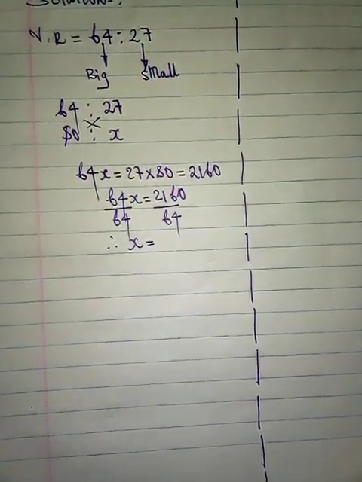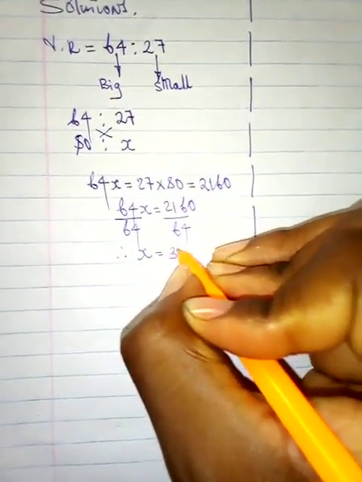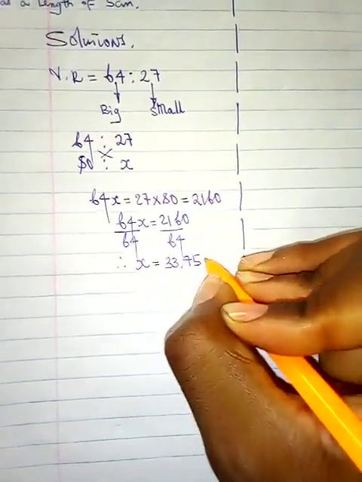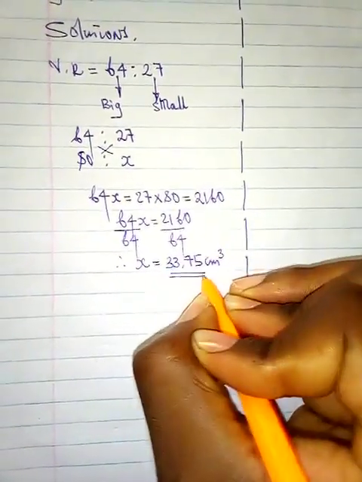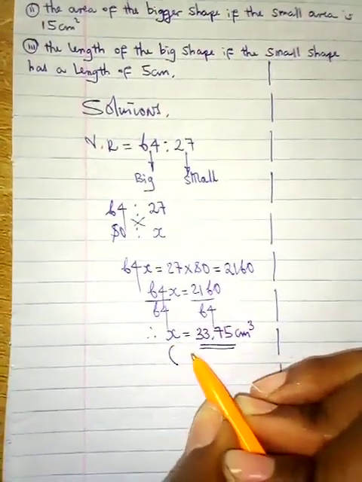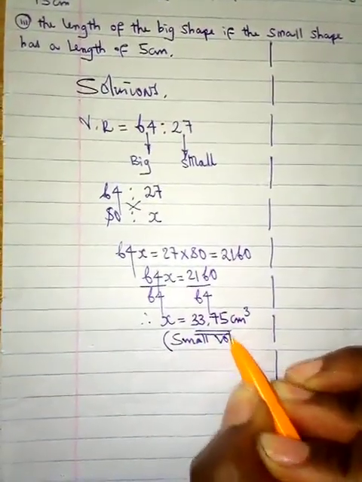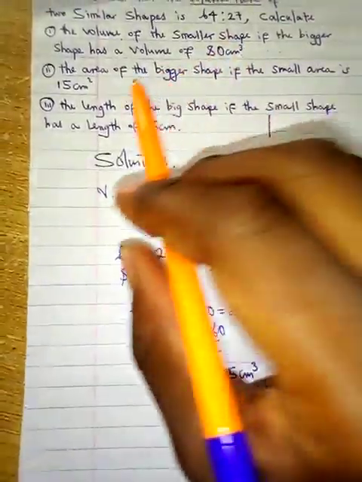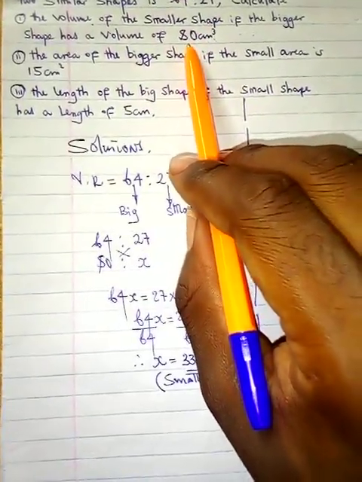The answer is going to be 33.75 centimeters cubed. So this is going to be the volume of the small shape. The volume of the small shape is just going to be 33.75 centimeters cubed. This is 80 centimeters cubed.